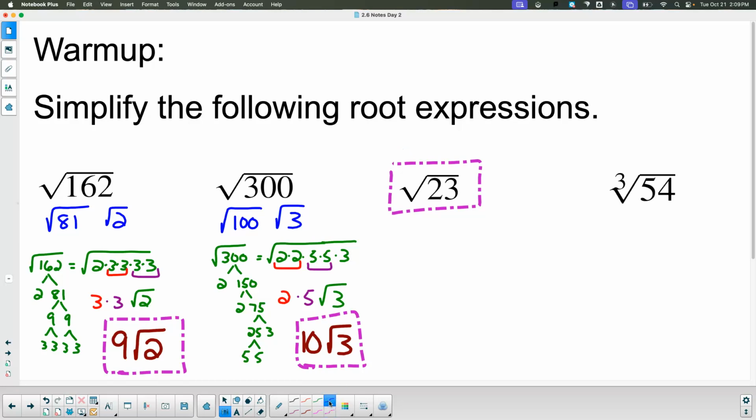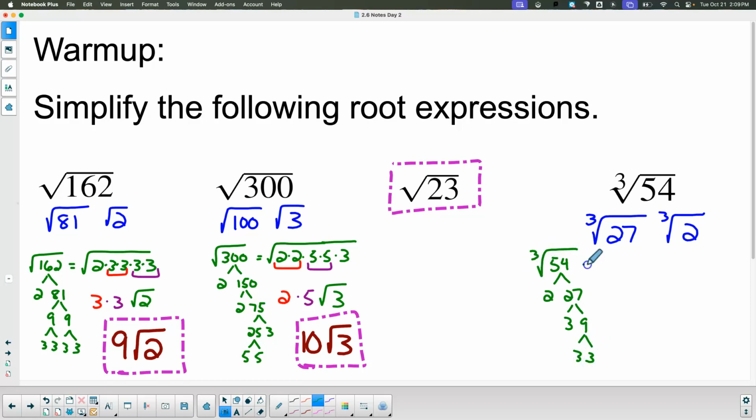If you didn't see that the cube root of 54 is the cube root of 27 times the cube root of 2, well, then you would have to break down 54. 54 is 2 times 27. 27 is 3 times 9. And 9 is 3 times 3.